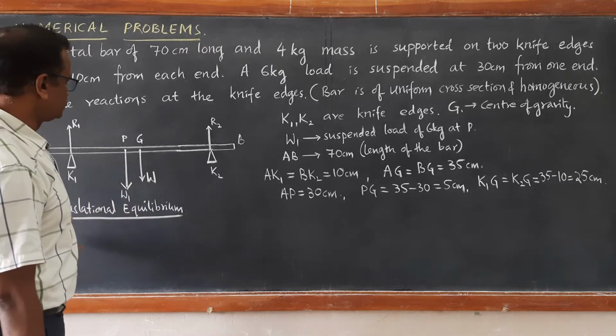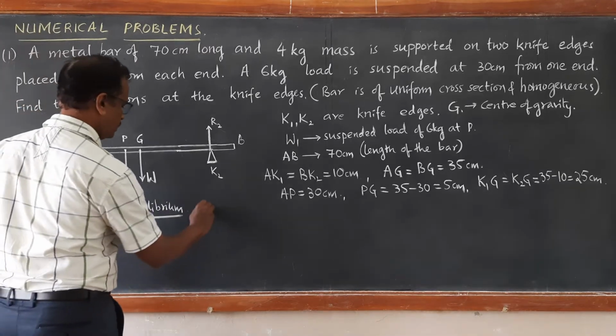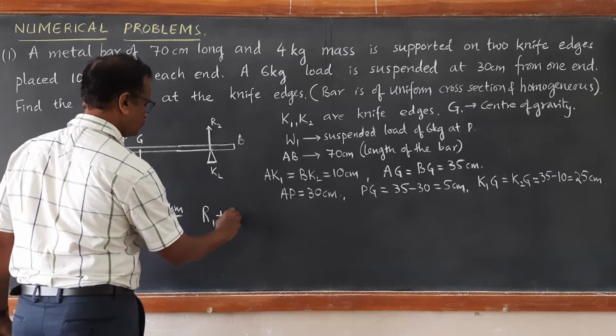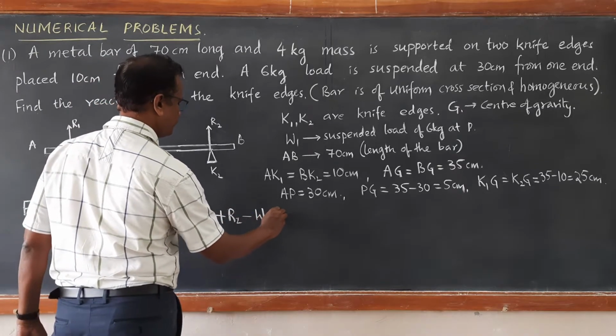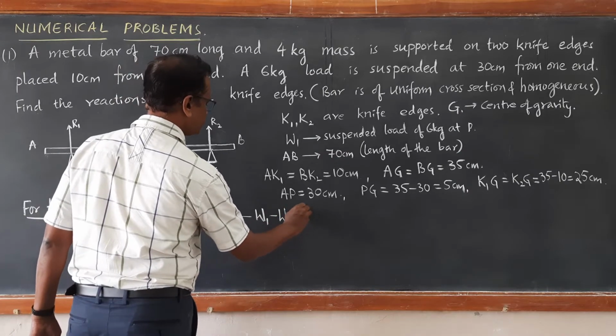So in general we can write R1 plus R2 minus W1 minus W equal to 0.